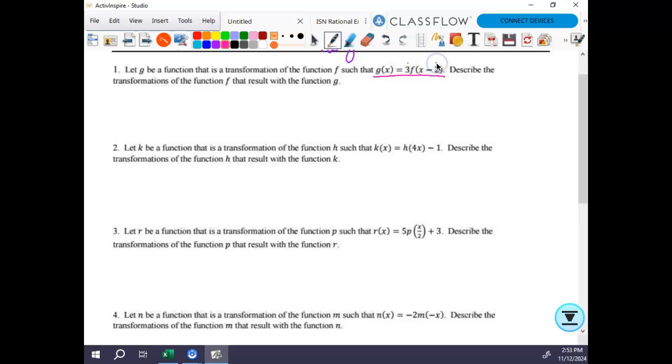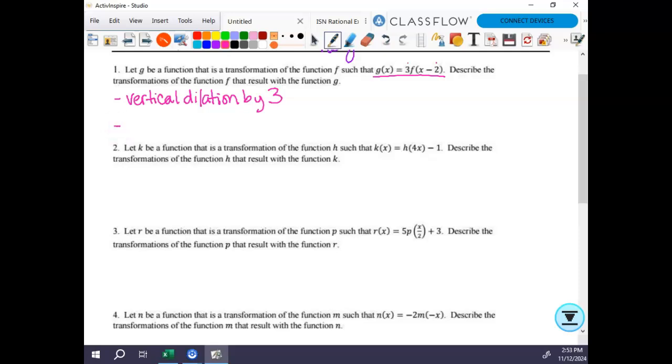Looks like I only have 2. So that first one is going to be a vertical dilation by 3. Remember, that is a vertical stretch, but College Board likes the term dilation.